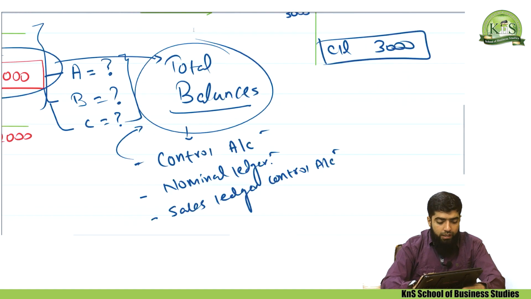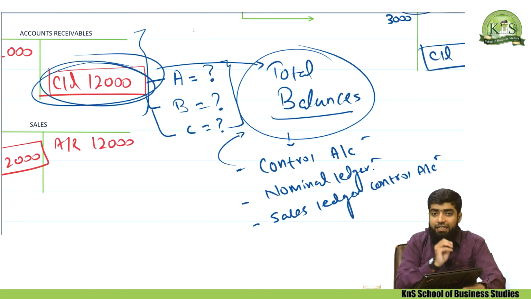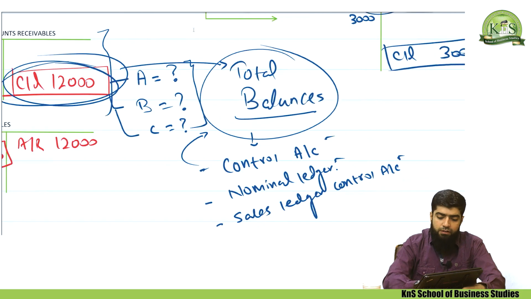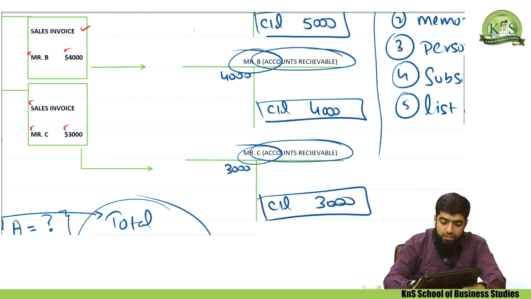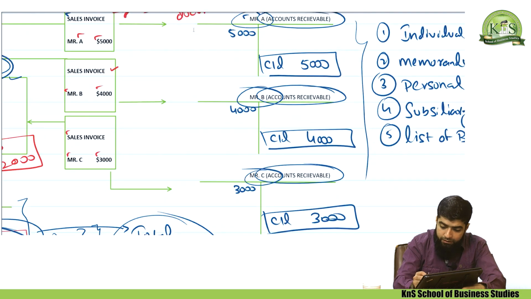Now, what I'm going to show you is that the balance on the control account is $12,000. What if we add the individual balances of customers like 5,000, 4,000 and 3,000?